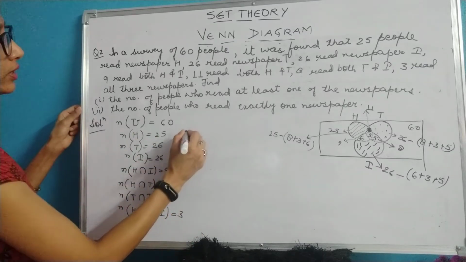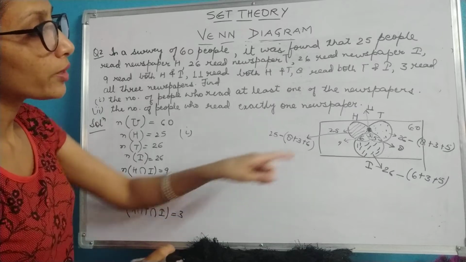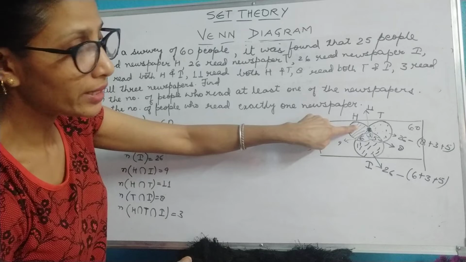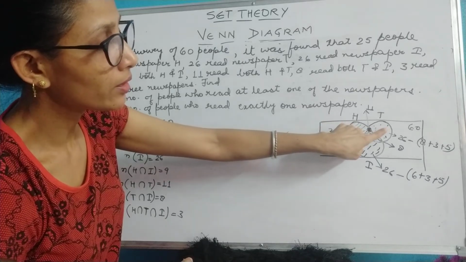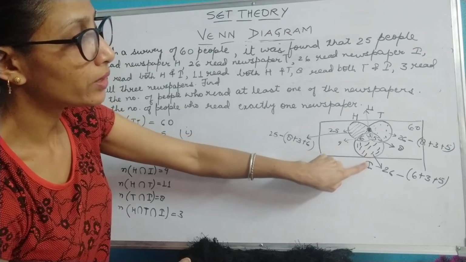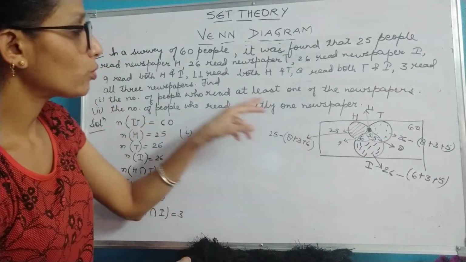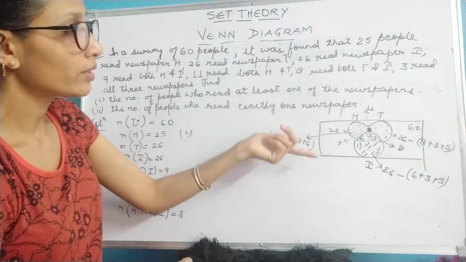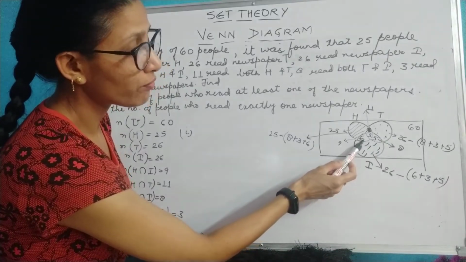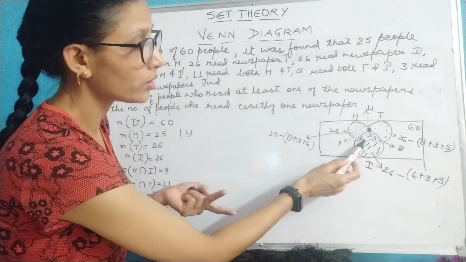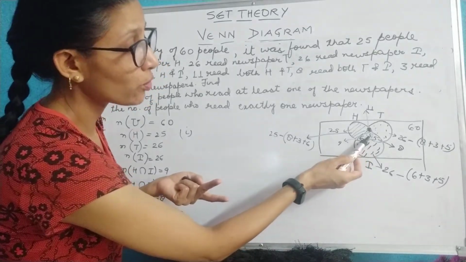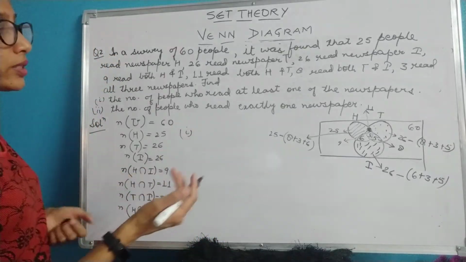So when you want to find the first part, what will you be doing? This is the part which represents the people who are reading only H. This is the part representing people who are reading only T, and this is the part representing the people who are reading only I. But as I have told you, when you are dealing with at least one, you have to add the number of people who are reading 2 papers, and of course the number of people who are reading all the 3 newspapers.